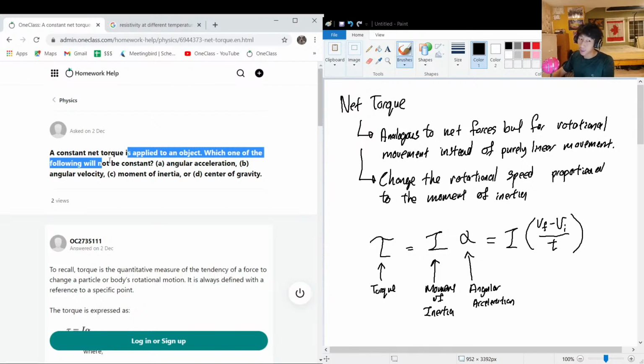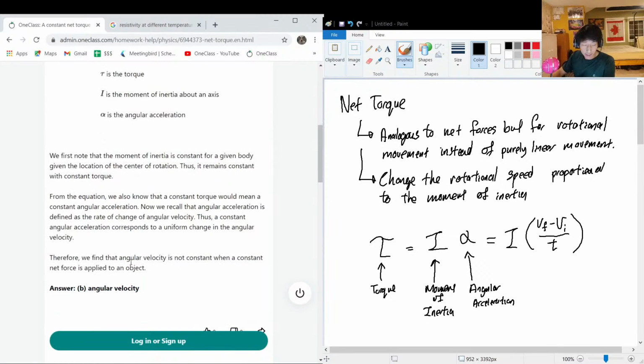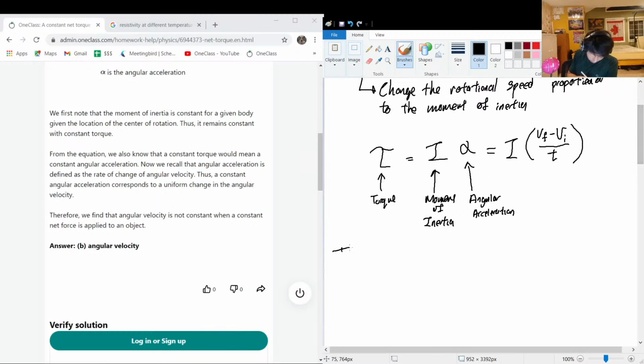Okay, so if you're applying a torque, you're making something change its angular velocity, and that's what happens when you apply a torque. So it's just got to be angular velocity, and yeah, so keep that in mind. Torque changes angular velocity.